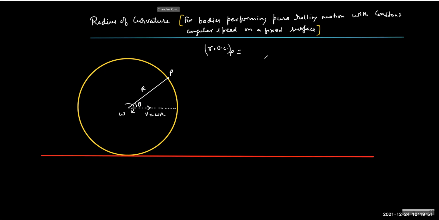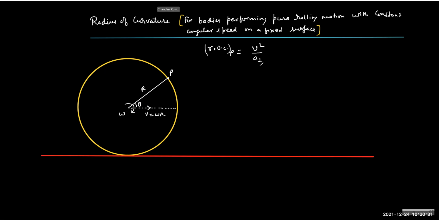Now, if you remember the ROC formula, it's v square by a perpendicular, where a perpendicular is the acceleration perpendicular to the velocity. So whatever v is, square it, divided by the acceleration. So whatever is the acceleration of point P normal to the velocity vector is the answer.